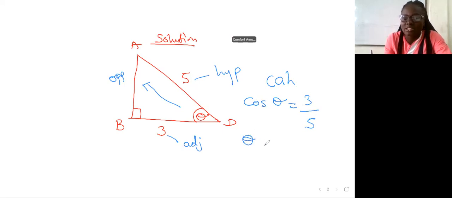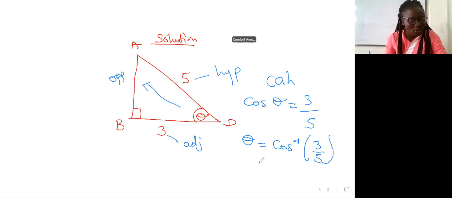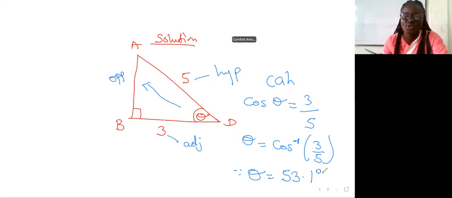So theta is equal to cos inverse of 3/5. And that is how we write the inverse. Okay. So what is cos inverse of 3/5? So therefore, theta is giving us 53.1 degrees. Angles are measured in degrees, so make sure you bring the unit.